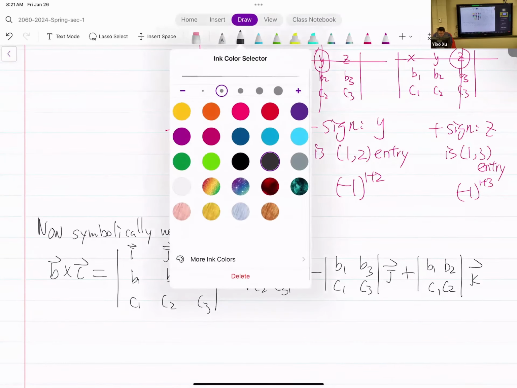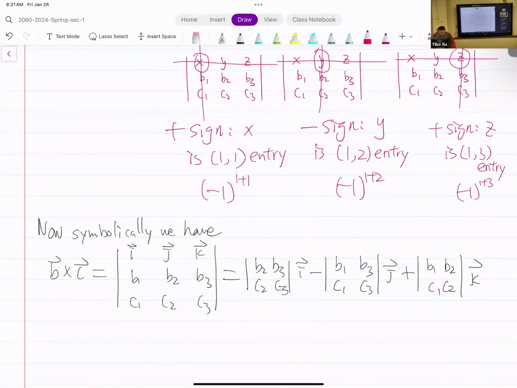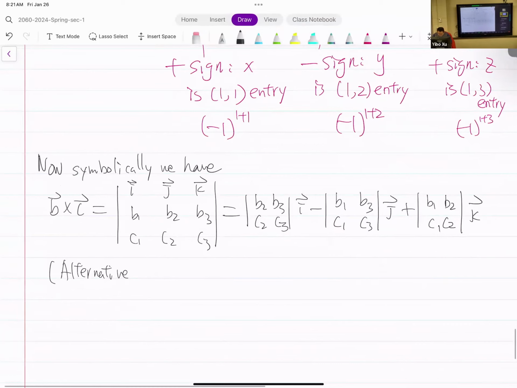But now here is something slightly different. There's an alternative calculation for the order 3 determinant. That's something you are also going to see in the linear algebra course. So to calculate i, j, k, let me just write it again, with b1, b2, b3 for the entries of b and c1, c2, c3.